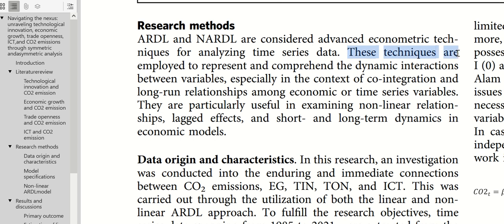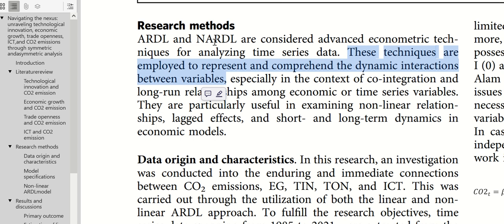These techniques are employed to represent and comprehend the dynamic interaction of variables. Whenever you see a method, ask why this method? Why not another method?